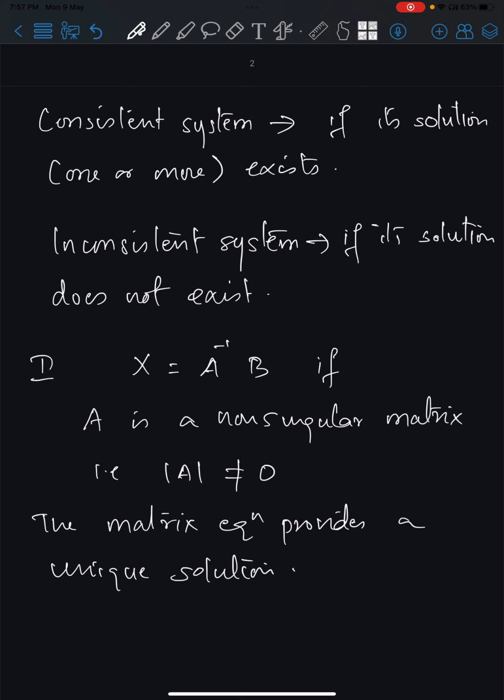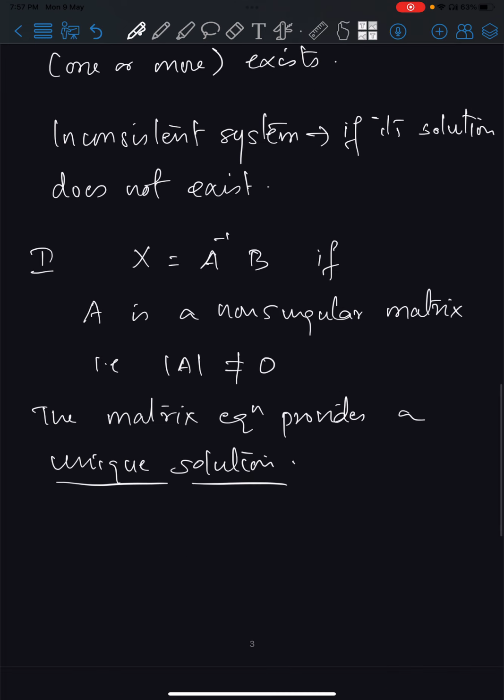It means the system is consistent because we are getting a unique solution. So first thing, you can check whether the determinant of the A matrix is 0 or not. If it is not 0, then the system is consistent because we are getting a unique solution because A inverse exists.